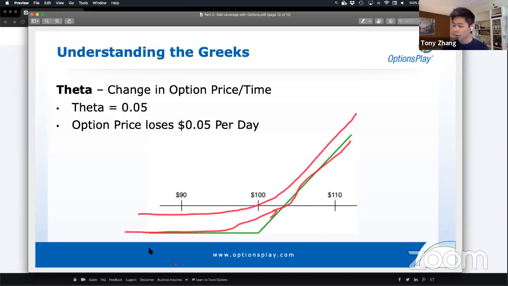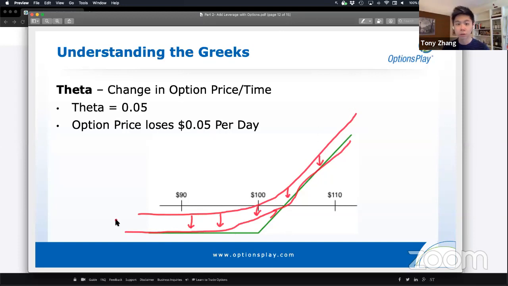But basically what happens is, as you get closer to expiration, your curve is going to consistently move to the downside. And that's the theta decay, or the time decay that we refer to, the value of your option decreasing as you approach expiration, because the value turns into that green line.